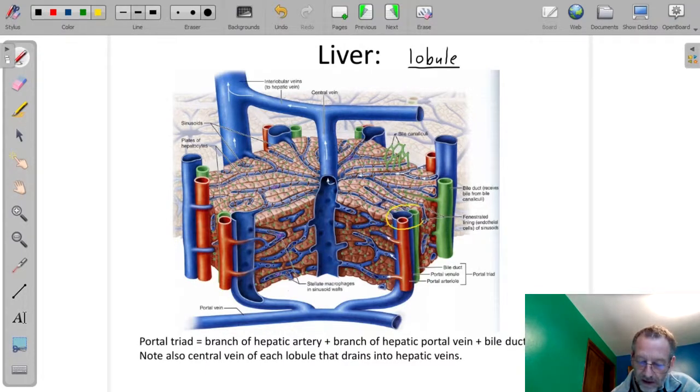So there's one, and a portal triad, as printed at the bottom, consists of a branch of the hepatic artery, a branch of the hepatic portal vein, and a bile duct, or ductule, which is just a small duct. So there's one triad, and here's another one, and they're at the corners.